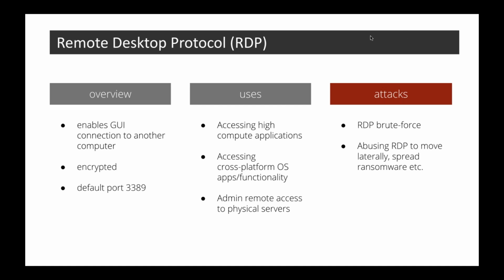Now, again, great ability to provide and support remote workers, but also a favored protocol for abuse and attack. Brute forcing, of course, but it's also a great tool, unfortunately, for adversaries to move laterally and issue commands to execute inside the environment, such as ransomware spread, right?